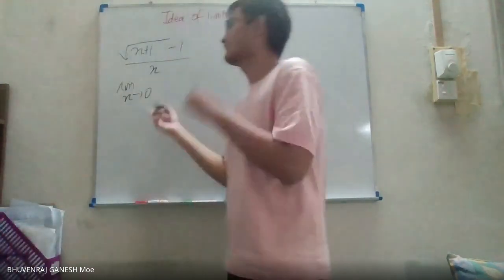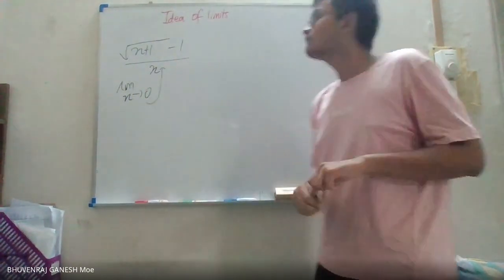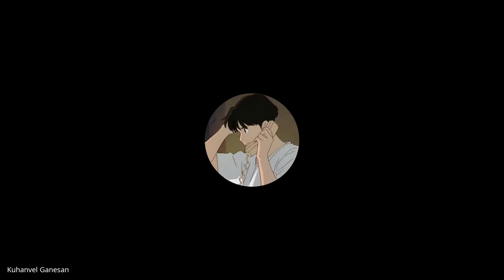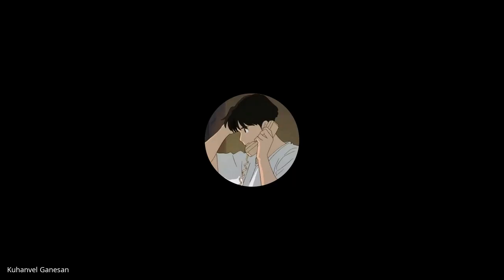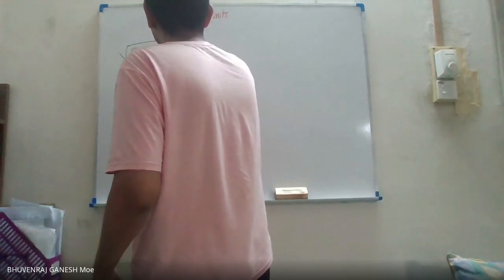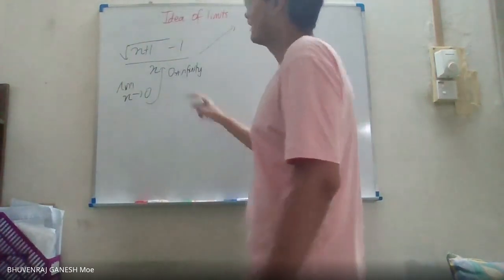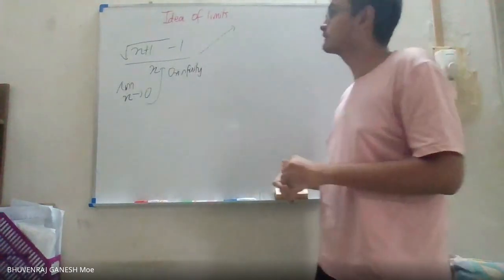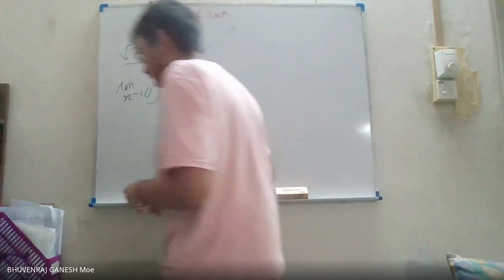So first question is, can you directly substitute x is 0 inside here? Cannot. Correct, because if it's 0 here it means infinity. So the alternative method is we need to know how to modify this. That's the only way you can solve it, because otherwise you'll still get infinity.